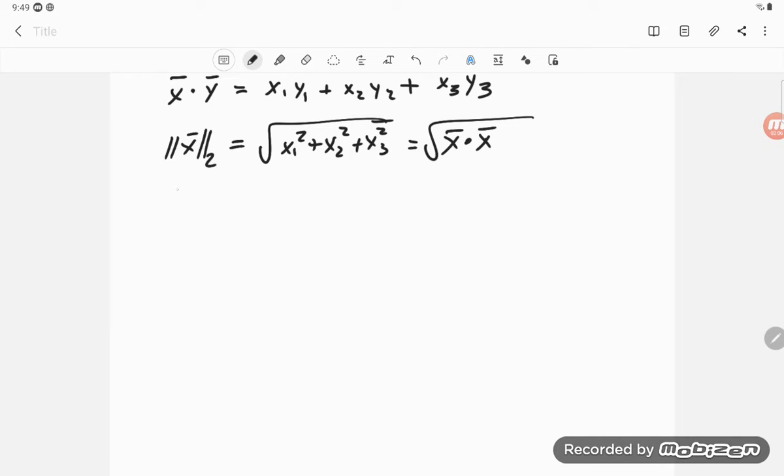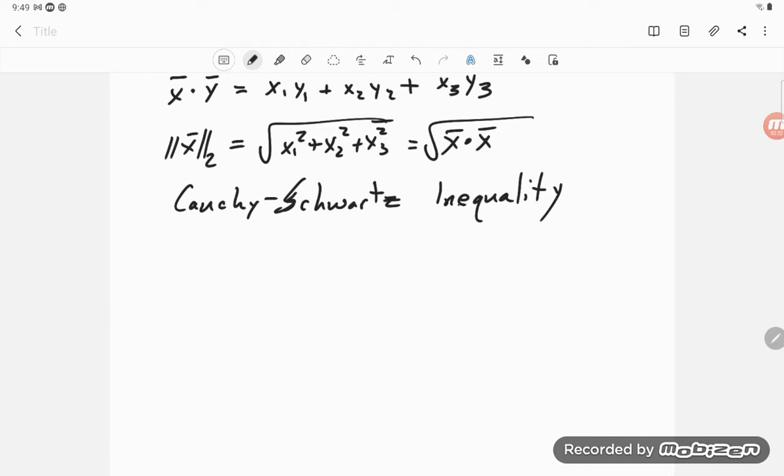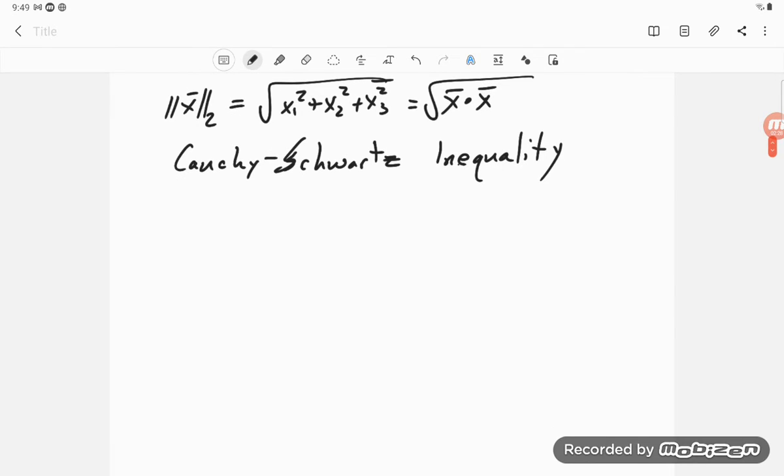then there's the Cauchy-Schwarz inequality. And again, I've mentioned inner products. This is an inner product property generally, but if we take the absolute value of x dotted with some y, that's less than or equal to the norm of x times the norm of y.